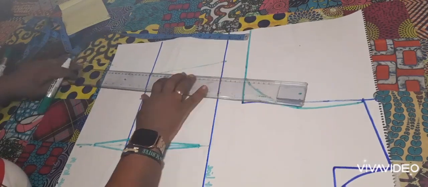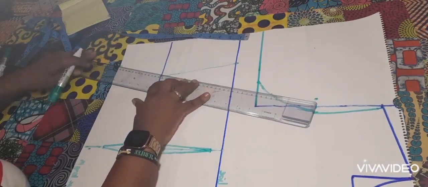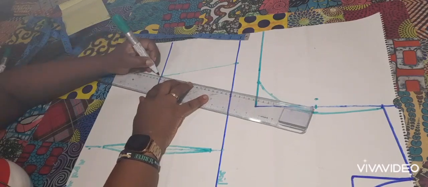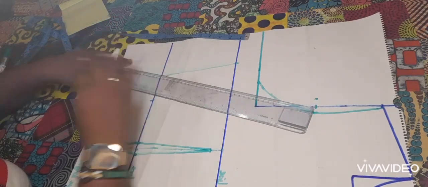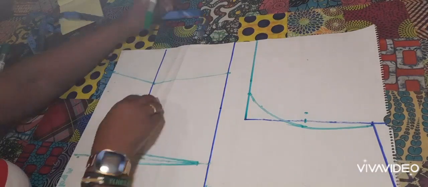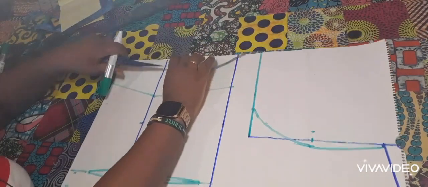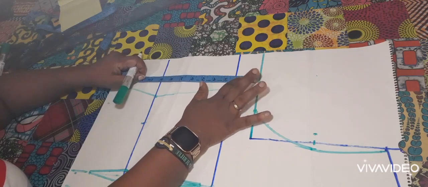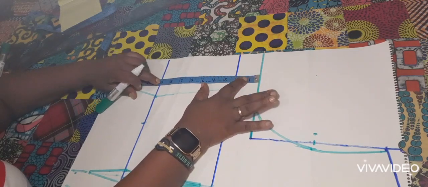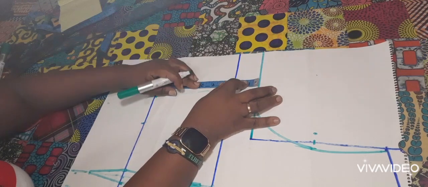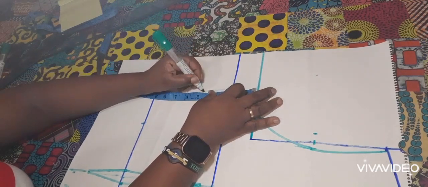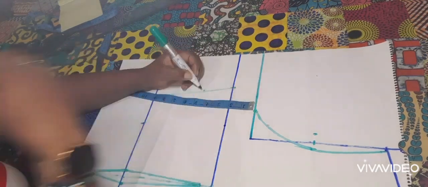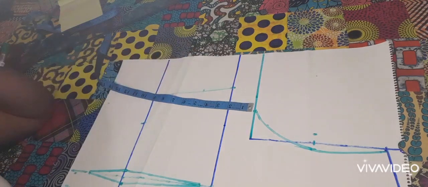Now we measure between the armhole and the waist. We have 9, so we're going to mark 4.5 here, which is half of it. We're going to divide it into 2.